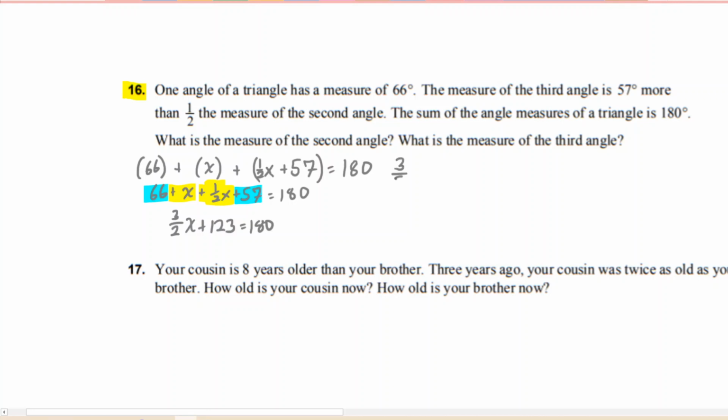We're going to make our zero pair with our constant. And this time I'm going to do that in red, minus 123. And that's equal to 180 minus 123. Make that zero pair, and 3/2 x equals 57.